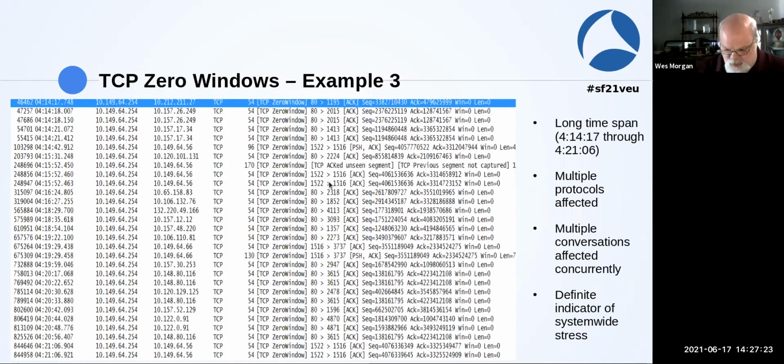So remember I said we were usually looking at resource contention or threading issues when we saw a large number of TCP Zero windows.